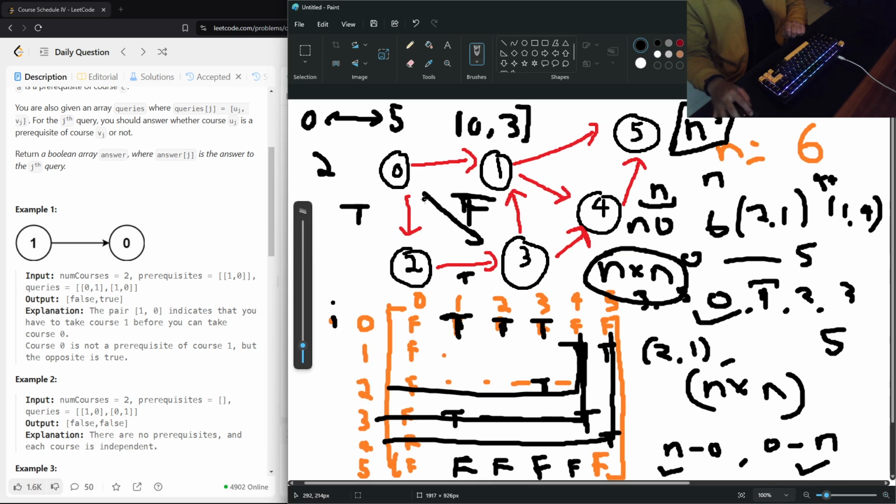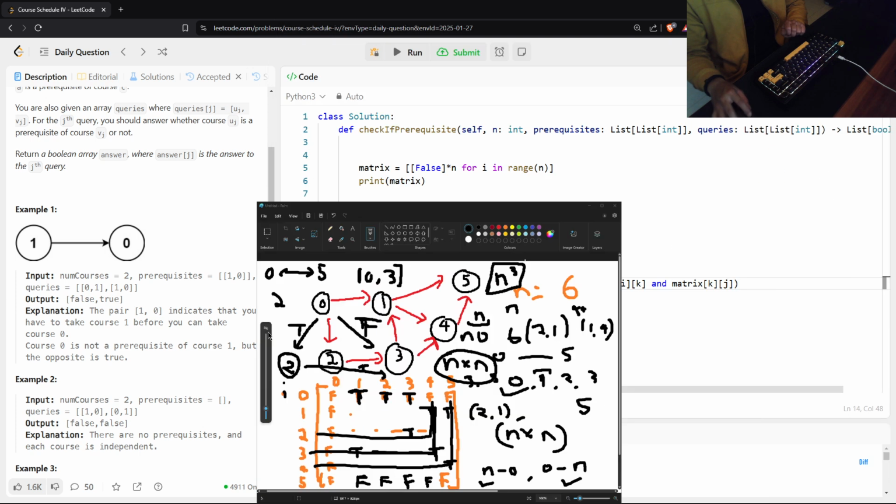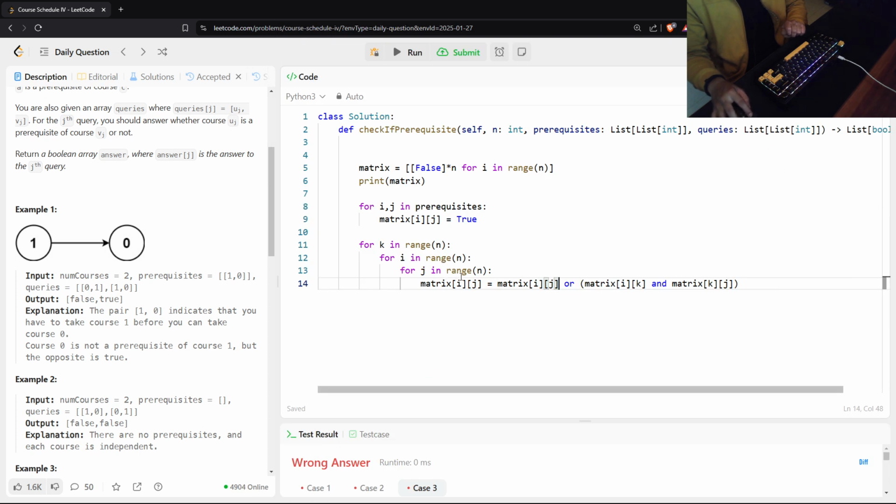Initially, let's say 0 and 3 was false, right? 0 and 3 was false, but since we saw that intermediate node 2 gave a connection between 0 and 3. How? Because 0 and 2 were connected and 2 and 3 were connected. So let's say i and j are 0 and 3.